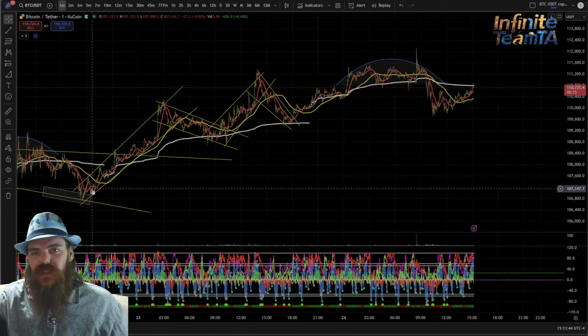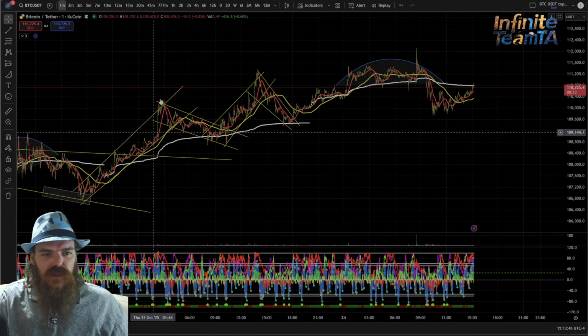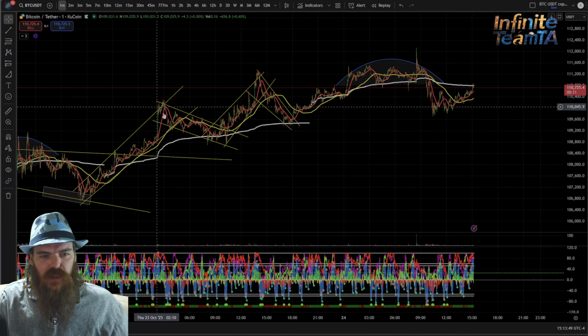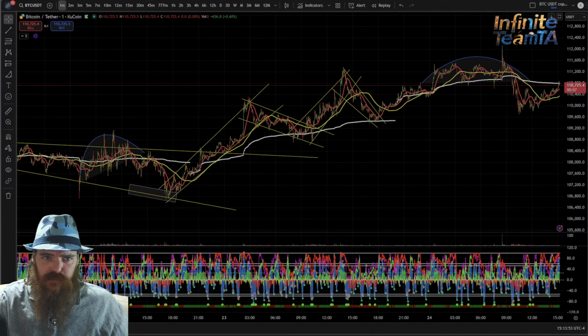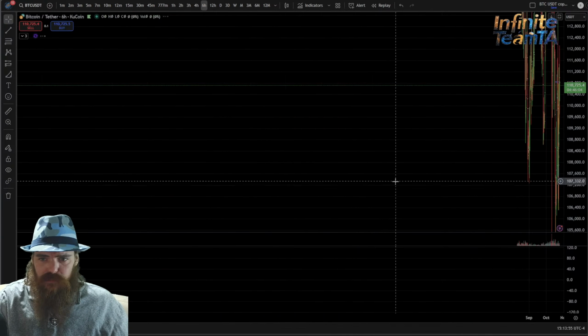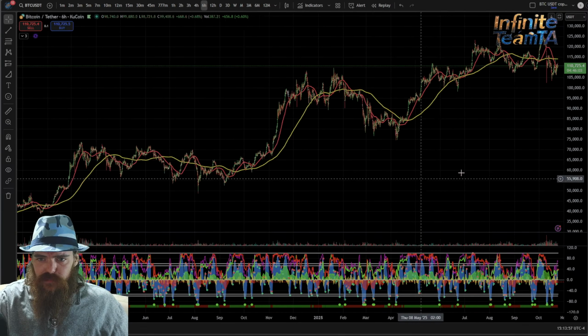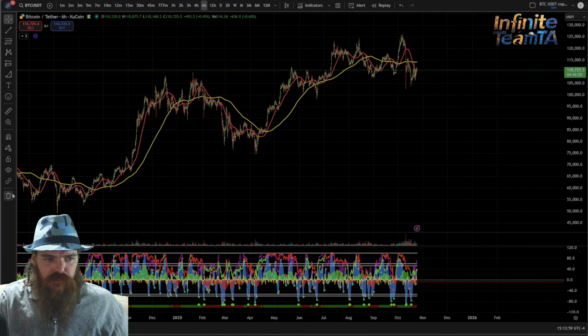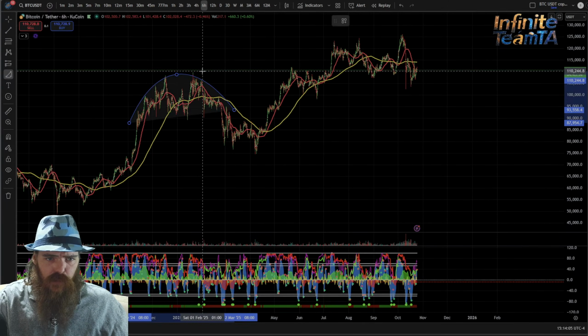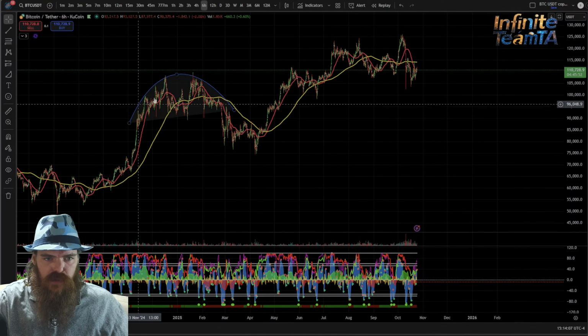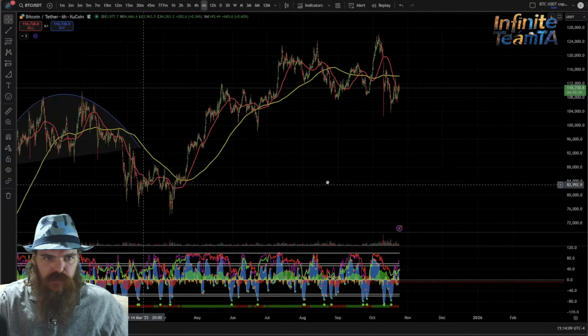When the price action hits these levels, you're going to see a volume spike. And you can go back and test this through everything. The last time that we saw a big pullback, we knew it was coming because of this pattern.